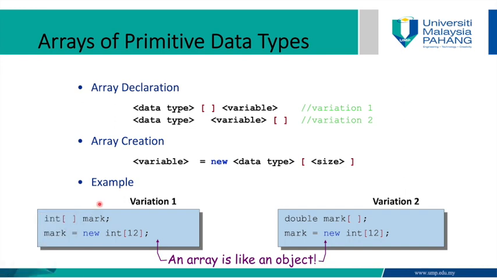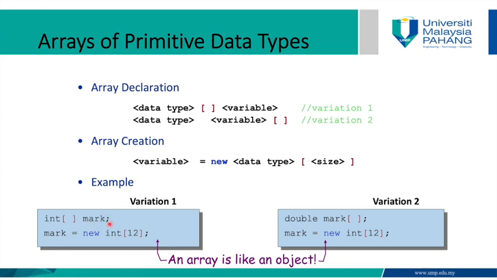Let's take a look at this one. Variation 1: how do we declare? Data type, square bracket, and a variable. So the data type here is integer, then the square bracket, and then the variable, which is mark.